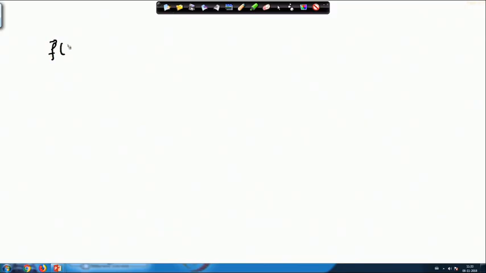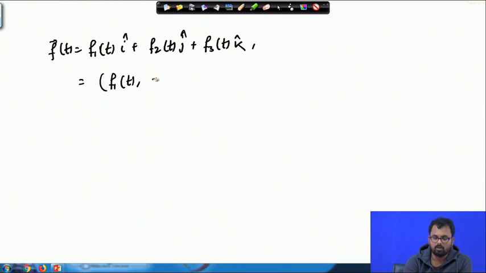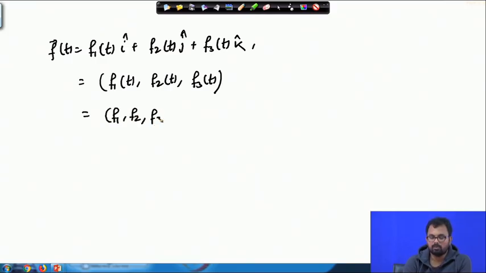So far we have been writing f(t) equals f1(t) i plus f2(t) j plus f3(t) k, but we can also write f1(t), f2(t), f3(t), like a point in 3 dimensions, or we can simply write f1, f2, f3.